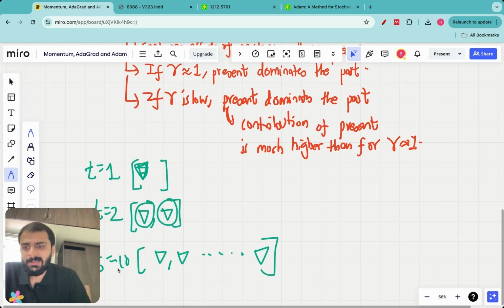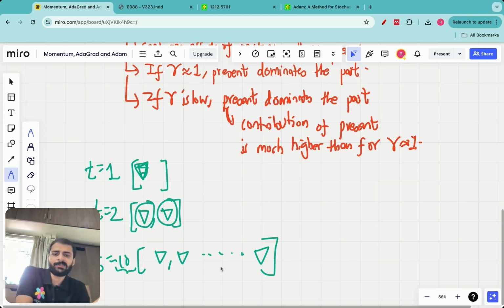So if we are at the 10th iteration, let's say, we have computed the gradient at 10 different time points. So using moving averages, we say don't just take the gradient at the current time, but value the gradient at the past also, because the past has a lot to teach us. That's one way of understanding moving averages.